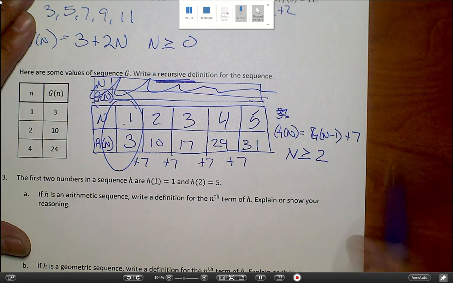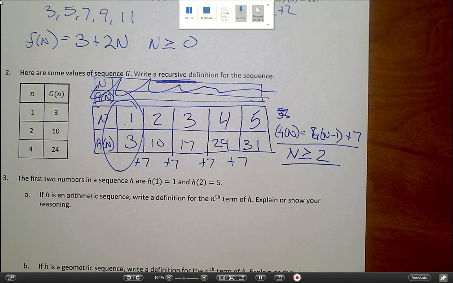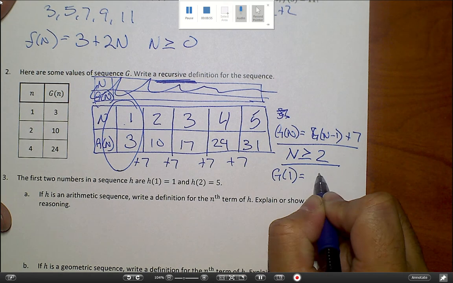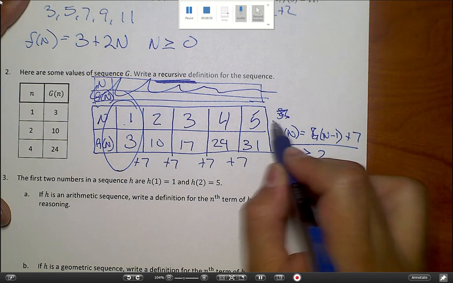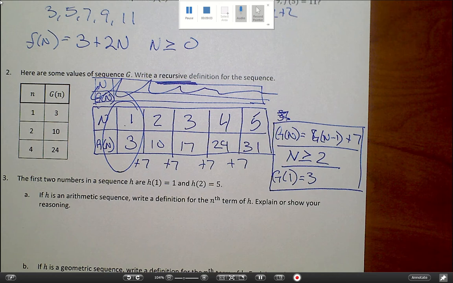Now, since I have this, in recursive, what do I also need? What is the first term? It's going to be 1. So I'm going to say g of 1 is equal to 3. All of that is my answer for this one.